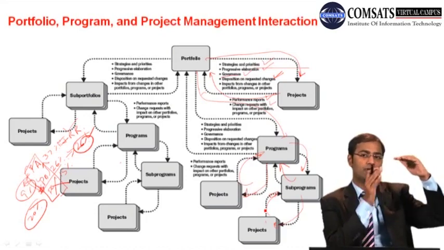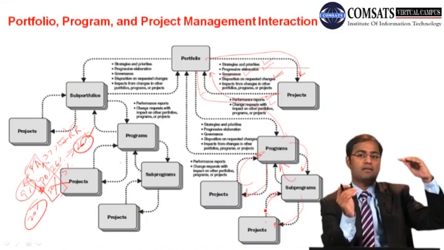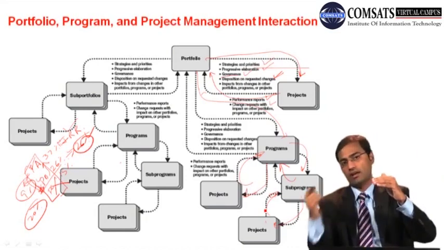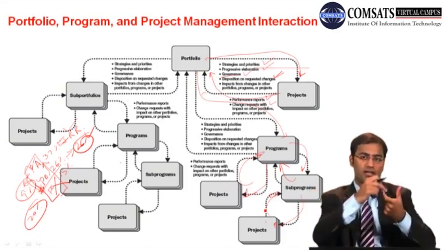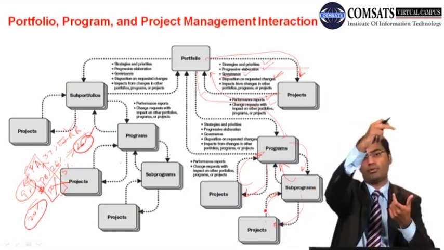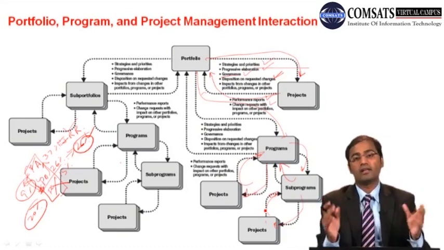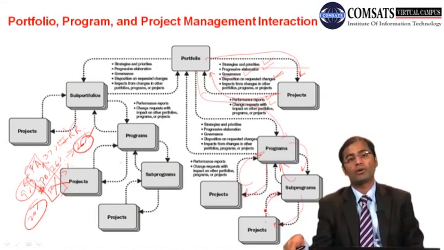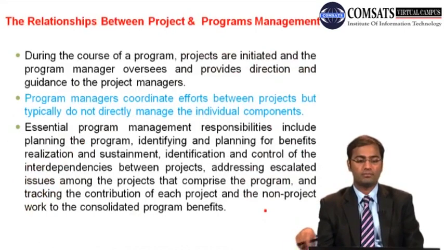At portfolio level, we tell our program managers how to do the job and how the strategy will be implemented, and program managers deal with the projects. But if the projects are working well or badly, they affect the whole program and portfolio. So this is a coordinated thing. In this fashion, the portfolio, program, and projects interact, and hence their management interacts as well.